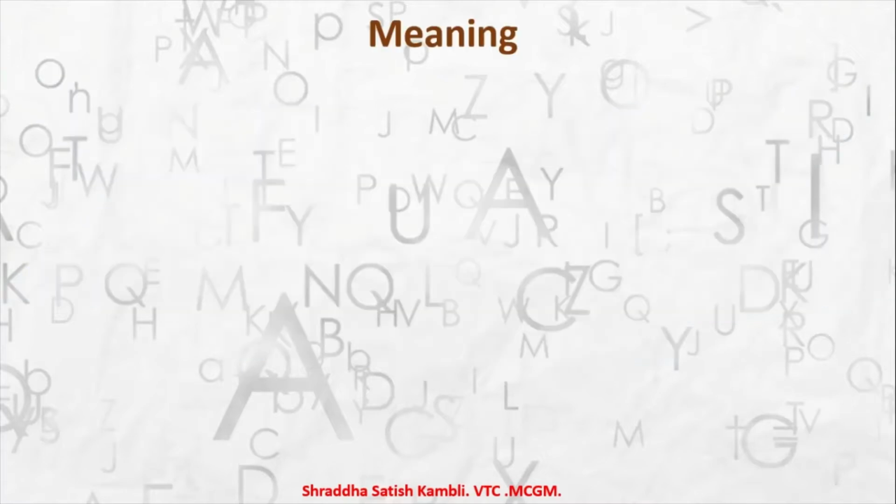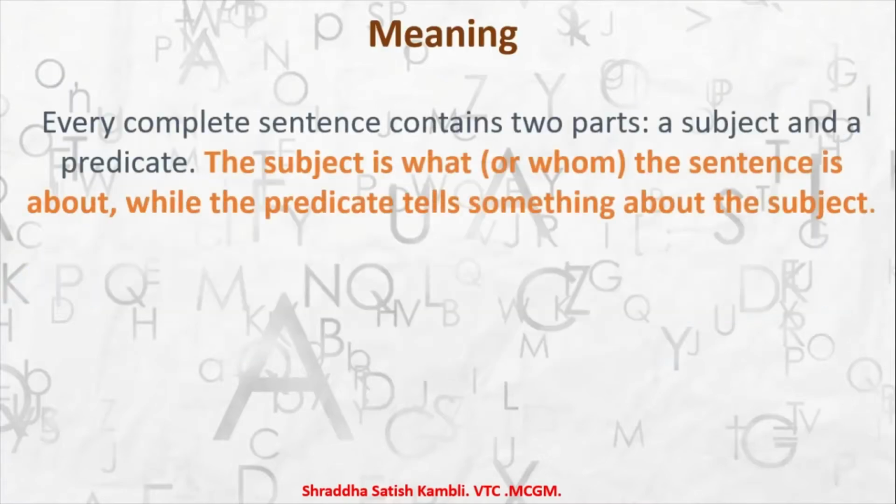So, every complete sentence contains two parts, a subject and a predicate. The subject is what or whom the sentence is about. Okay, while the predicate tells us something about the subject. So, the subject means what? Subject means whom.